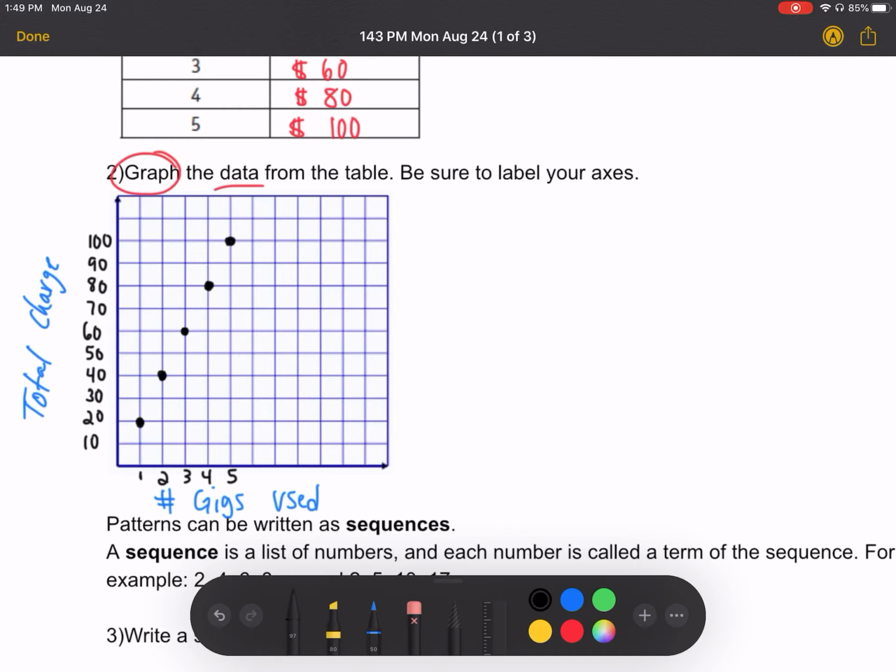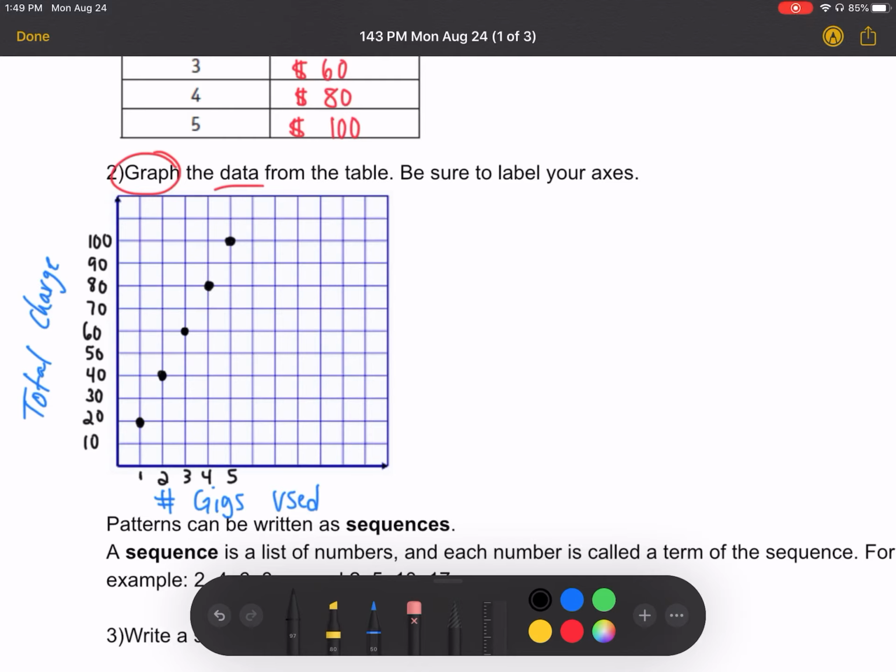To think about that, let's think about what this is talking about. This is talking about the number of gigabytes that are being used. So we want to ask ourselves, can that number be a decimal? If I'm talking about the data that I'm using on my phone, it's not just 1 GB that I use. I could use half of one, I could use a quarter of one. So decimals are allowed in that situation.